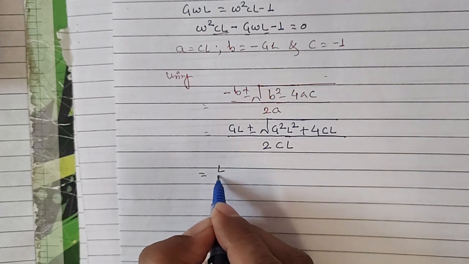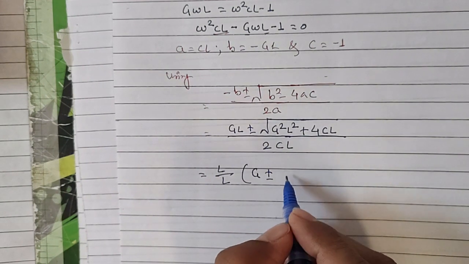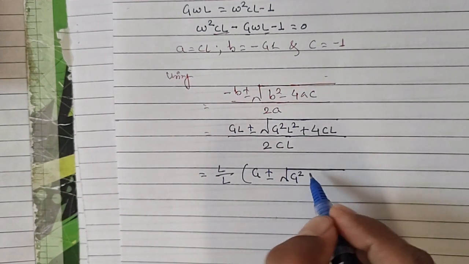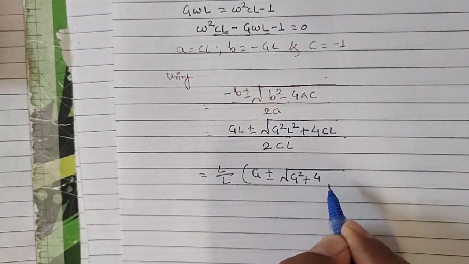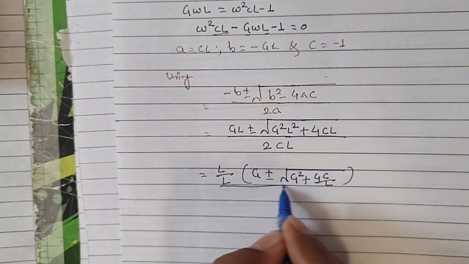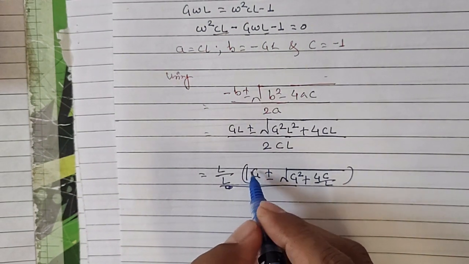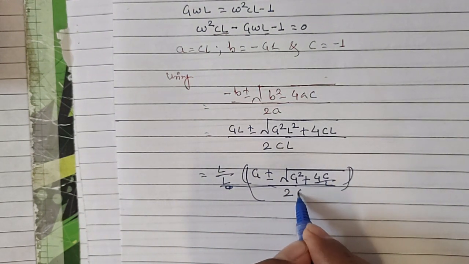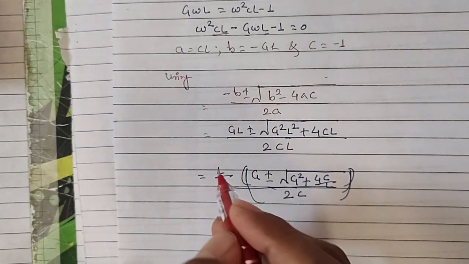Let us take L common from numerator and denominator. G plus or minus under root of G square plus 4C by L, divided by 2C. So L and L can be cancelled out.